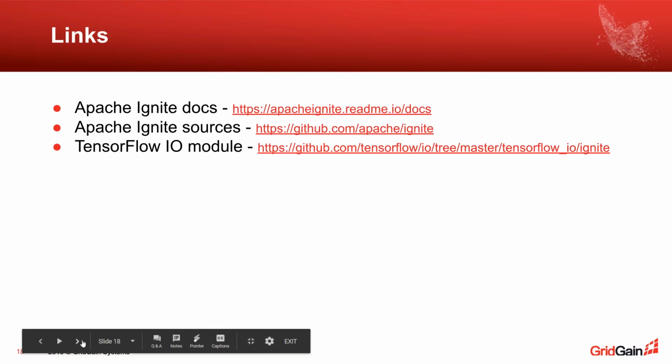There are a few links Yuri's showing where you can find information, both in the Ignite docs and on GitHub. Since there were some questions about GitHub, the link is here for where you can get Apache Ignite in general and TensorFlow IO models. Yuri, are there links for some of the examples as well? Where are those posted?